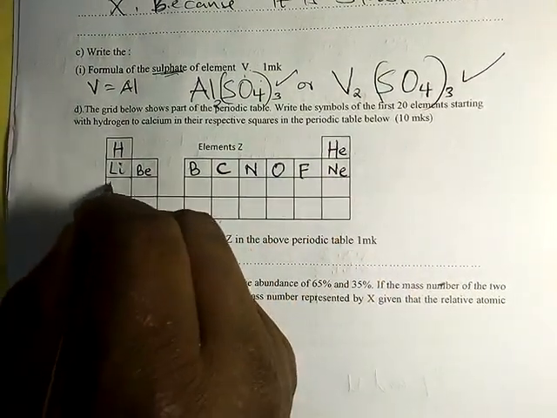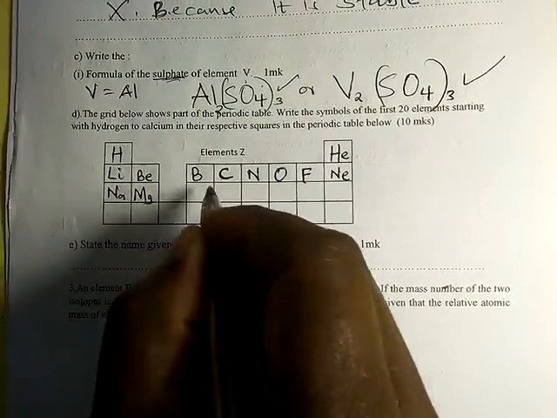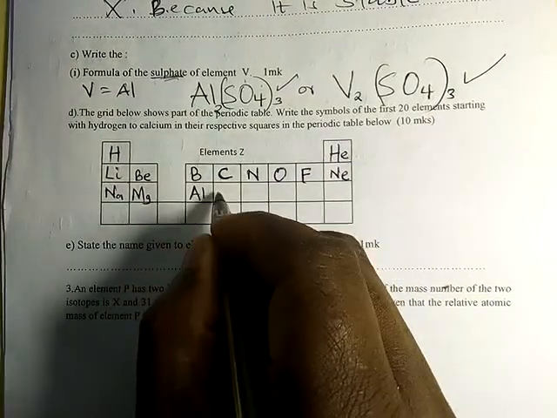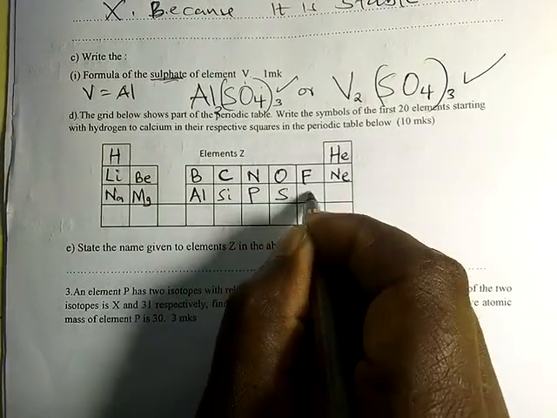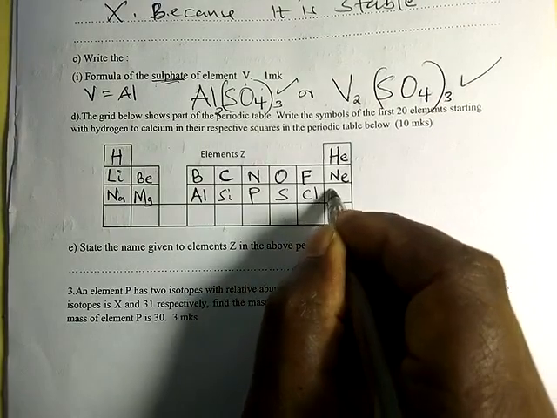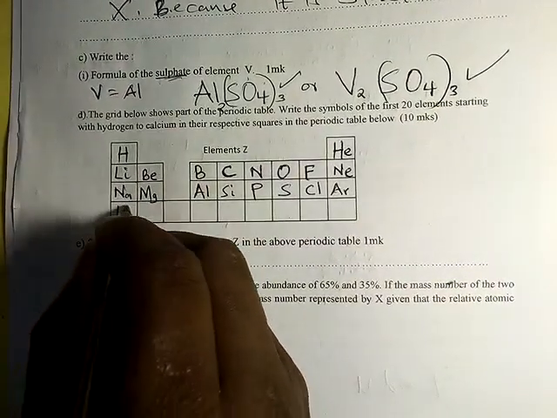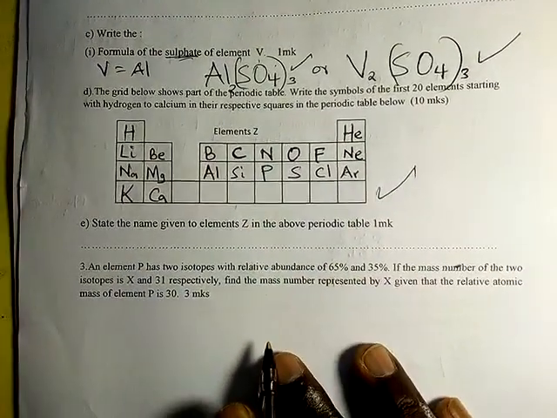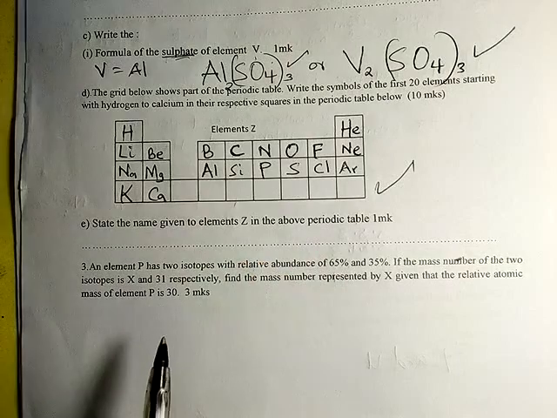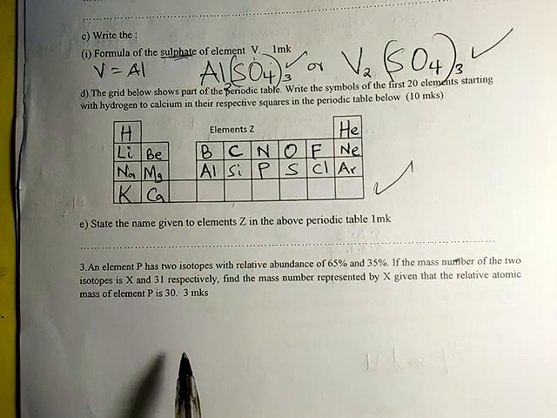From neon we go to sodium, magnesium, aluminium, silicon, phosphorus, sulfur, chlorine, and then argon. Then we go to potassium and then calcium. That is how you must master these elements. For the first 20 elements, you must have them in your head.